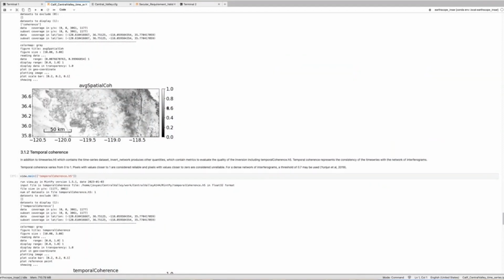So as I mentioned earlier, we have the coherence of each individual interferogram, and now we take the average of the coherence of all the interferograms. We can see that the area of the Tulare Lake has low coherence in a lot of the interferograms, and the area in the high Sierra Nevada mountains also has low coherence. So the average is low in those two areas.